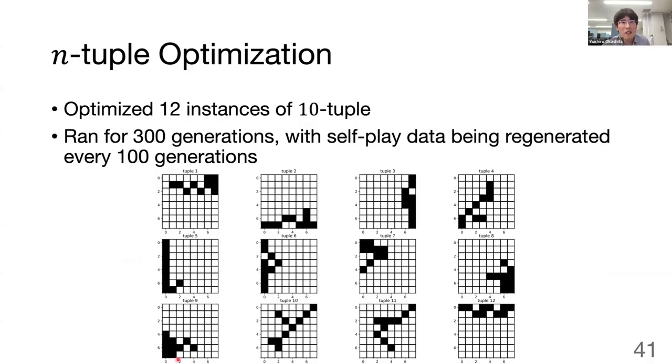Honestly, I don't think these n-tuples are best for Othello, because EDAX and Logistello use sequential line patterns, but in these n-tuples there are few sequential line patterns.